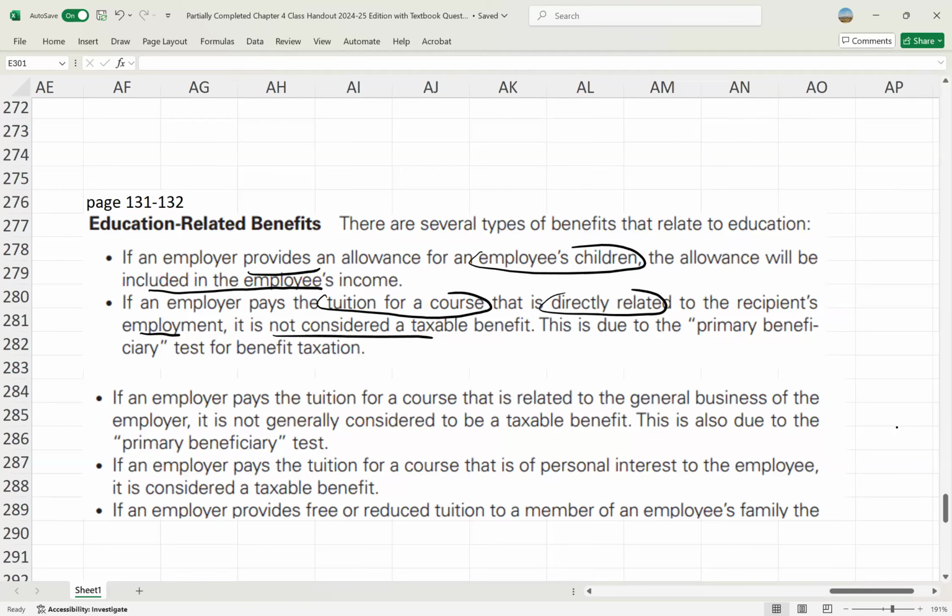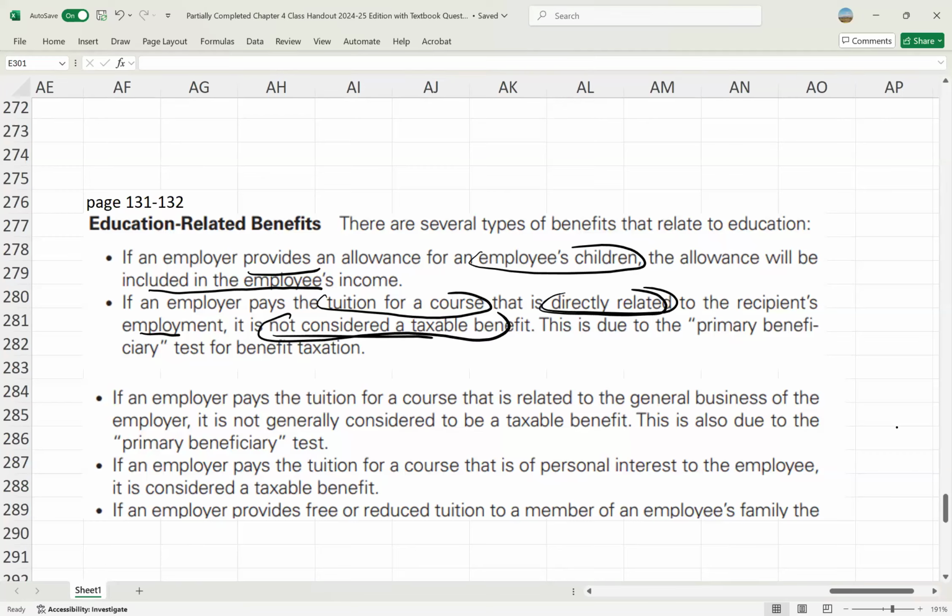So, for example, let's say you are studying for your CPA or CFP, and you're working for a bank doing your CFP, or working for a CPA firm doing your CPA, and they pay for all your tuition for your courses. That is directly related to your employment. And so that is not a taxable benefit.